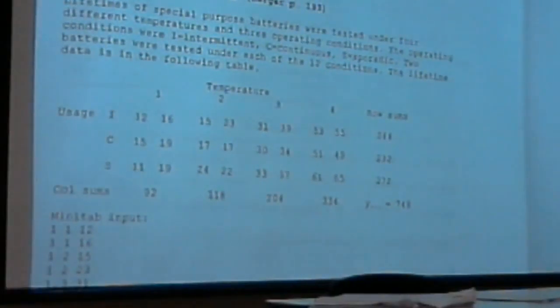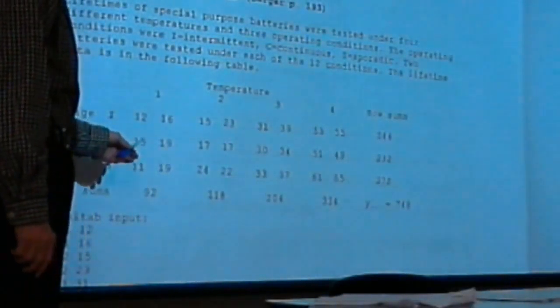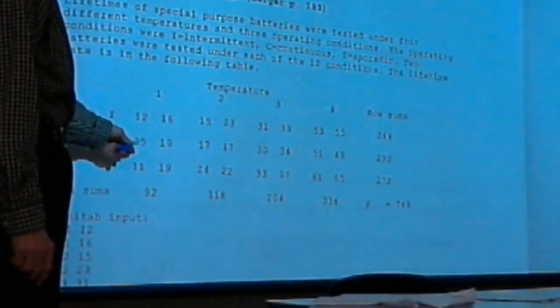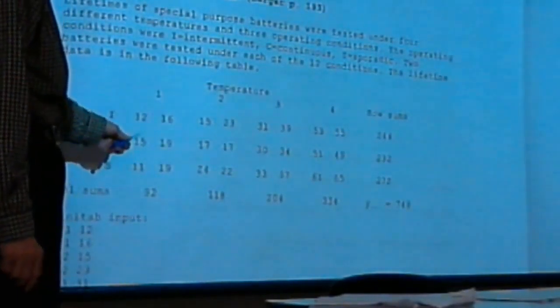What if you were looking at, going back to page 6, this data on the temperature and the usage, and you planned it so that this was the data that you were going to have. But then some things went wrong, and maybe this battery melted, so you have no observation there.